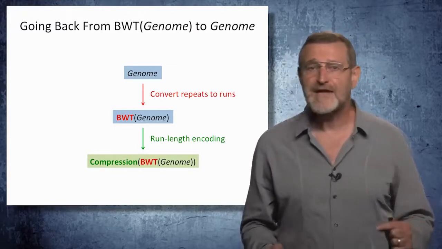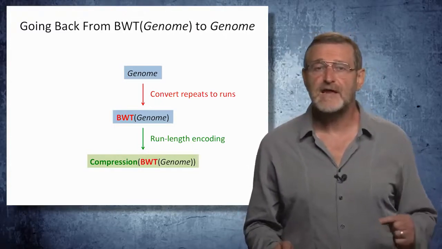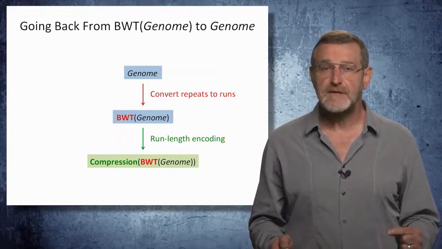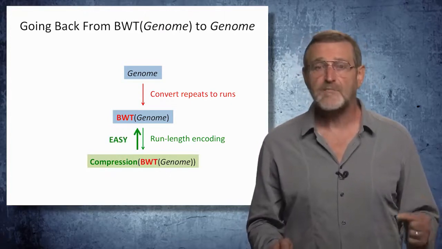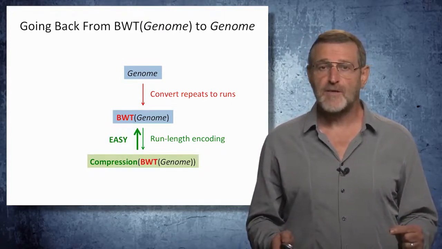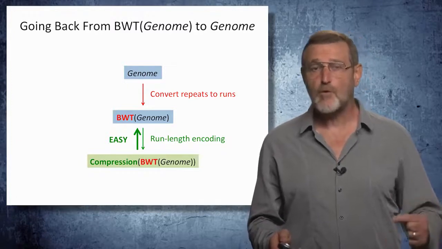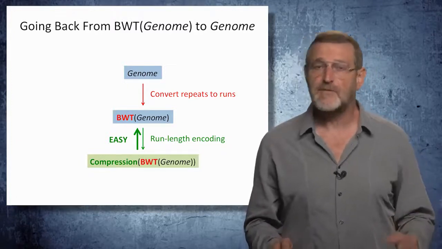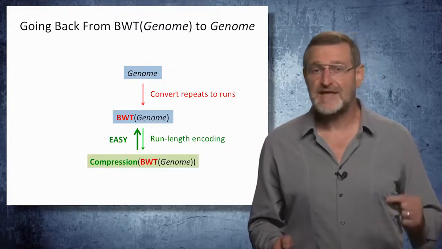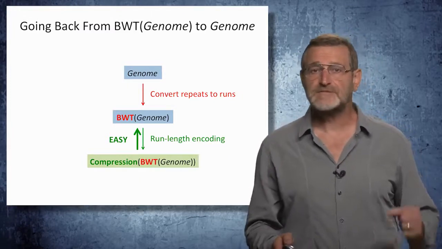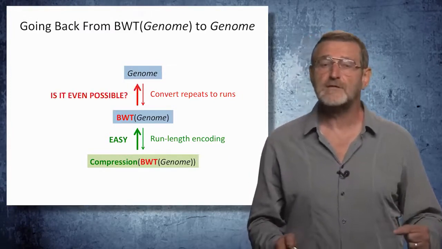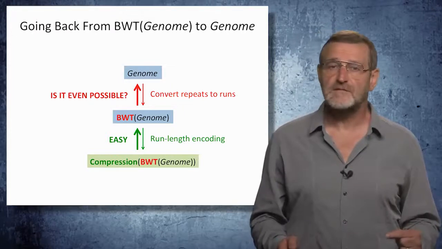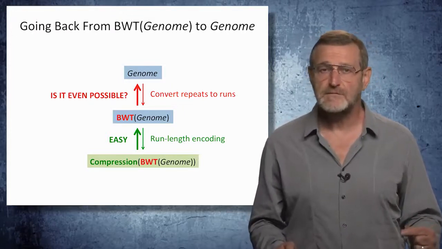But it only makes sense if we can invert this transformation. From the compressed version of the Burrows-Wheeler transform, we can easily go back to the original Burrows-Wheeler transform. But can we go back from the Burrows-Wheeler transform of the genome to the genome itself? Is it even possible?